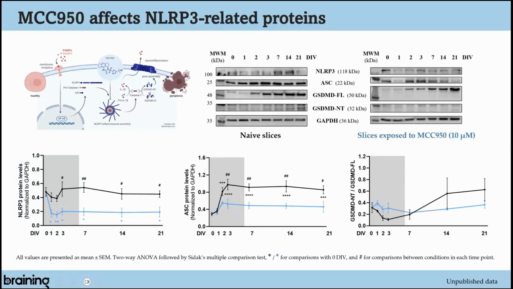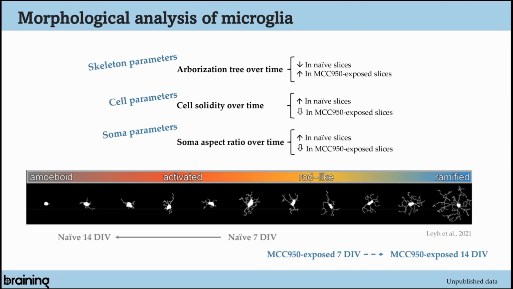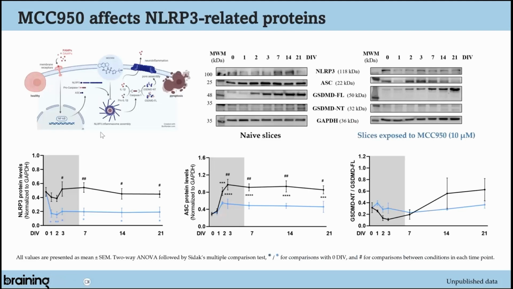If the cell is not capable of counteracting those pores, it dies through pyroptosis. So a good way to assess the occurrence of pyroptosis is to look at the ratio of the cleaved protein. So we assessed the ratio between the N-terminal of gasdermin and the full-length gasdermin, and we observed that while there is an increase in this ratio over time in culture in naive slices, pretty much nothing happens when we have MCC 950.